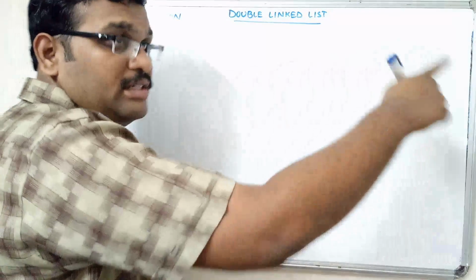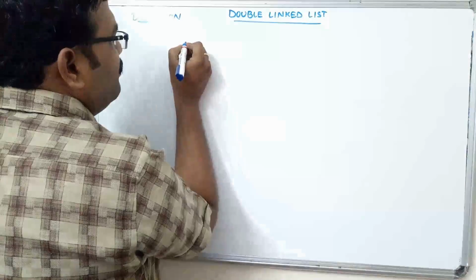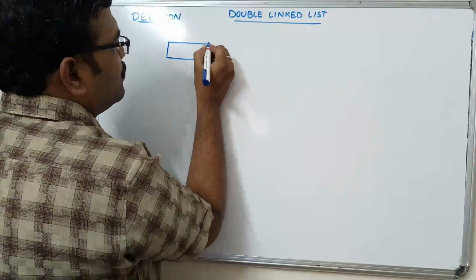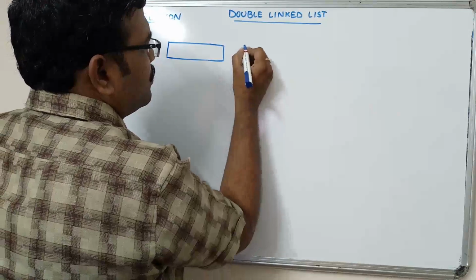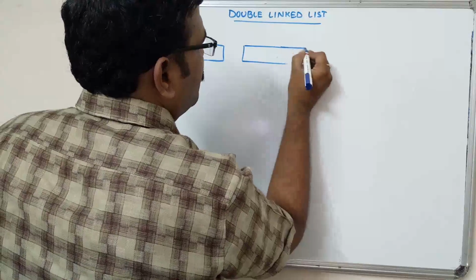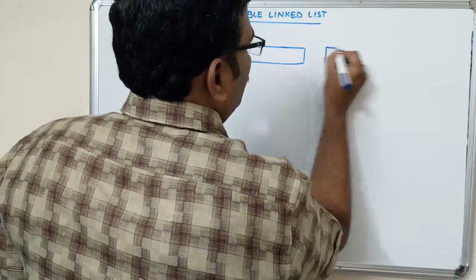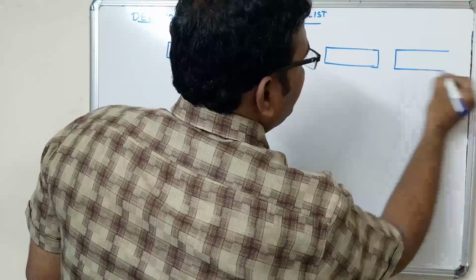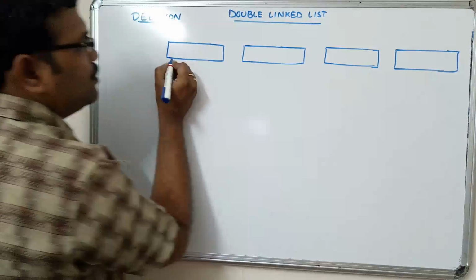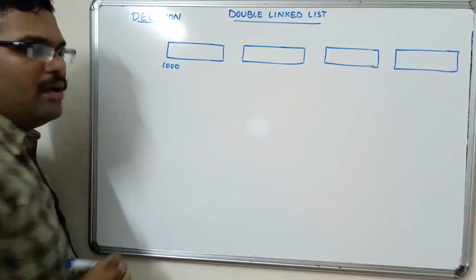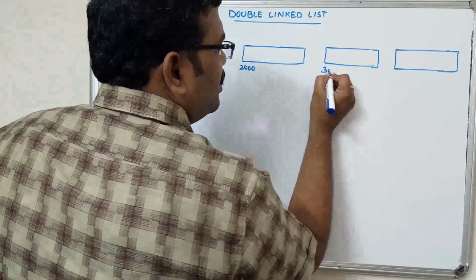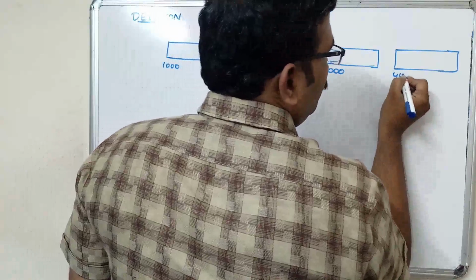So let us consider a double linked list and then we will see that. Let us take four nodes. The first node has the address location 1000, then 2000, then 3000, then 4000.